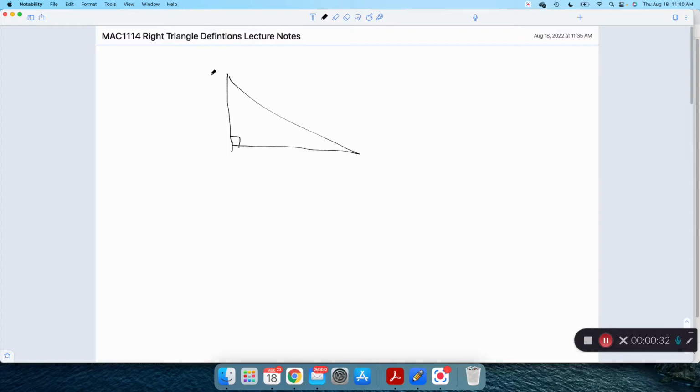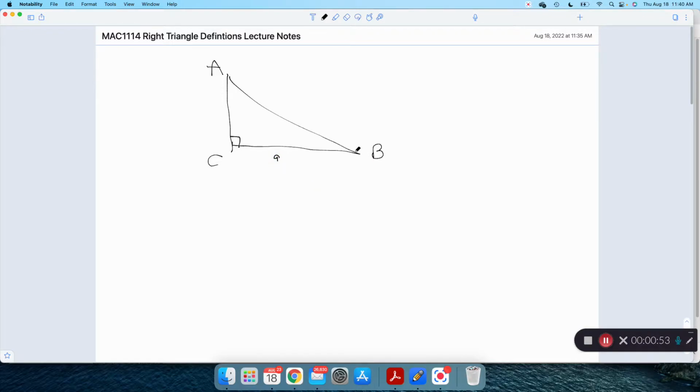I'm going to label this triangle ABC, where capital A, B, and C are my angles, and C is the right angle. We're always going to have capital C be our right angle. Then across from each of those angles, so across from angle A, over here, this side will be side little a.